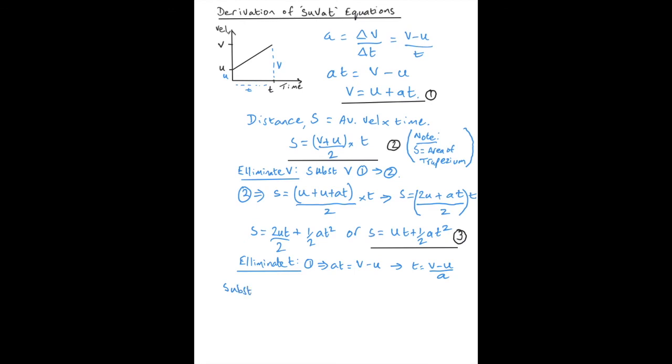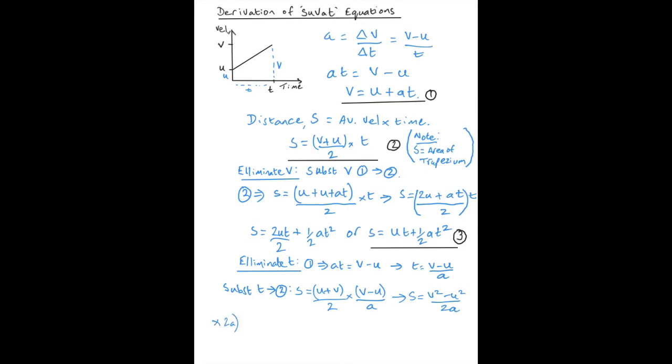If we then substitute the value of t into equation 2, we get s is equal to u plus v all over 2 multiplied by the value of t, which is v minus u all over a. This in turn simplifies to s equals v squared minus u squared all over 2a, noticing that the top is the difference of two squares.